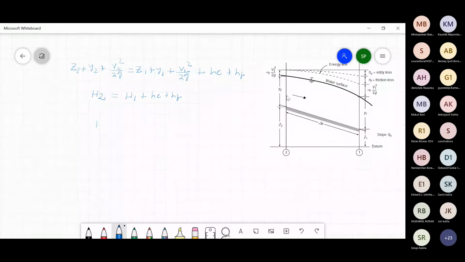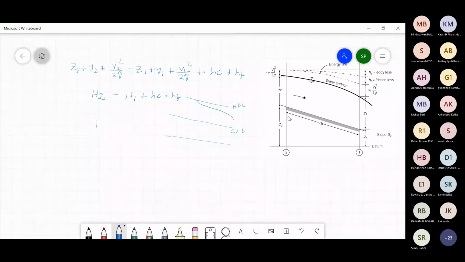Now suppose you know the value at H2. This value is known, and now we are computing downward. Suppose it is an M2 profile. Here is the M2 profile, with CDL and NDL. The M2 profile lies between the NDL and CDL, so it starts from the NDL and goes like this.